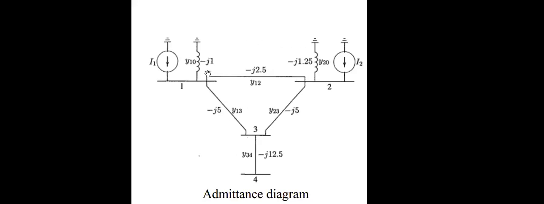You have to write four nodal equations. Voltage for node 1 is V1, like the earlier case, V2, V3, as well as V4.